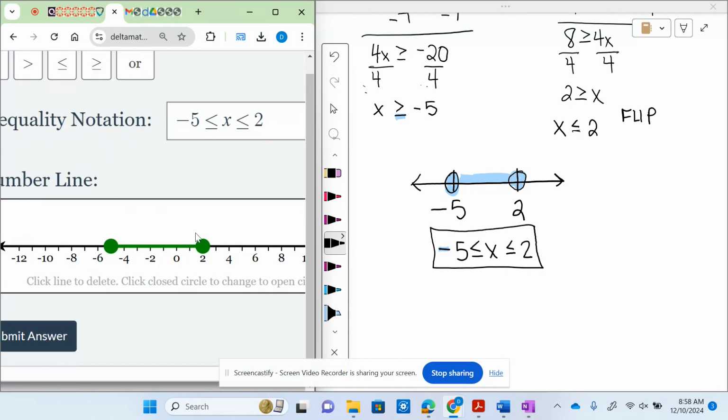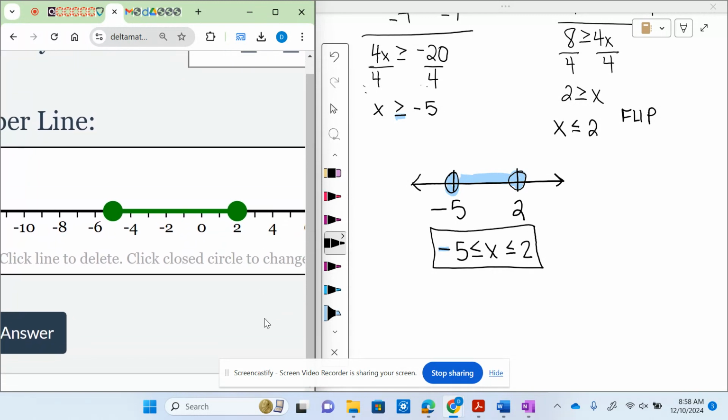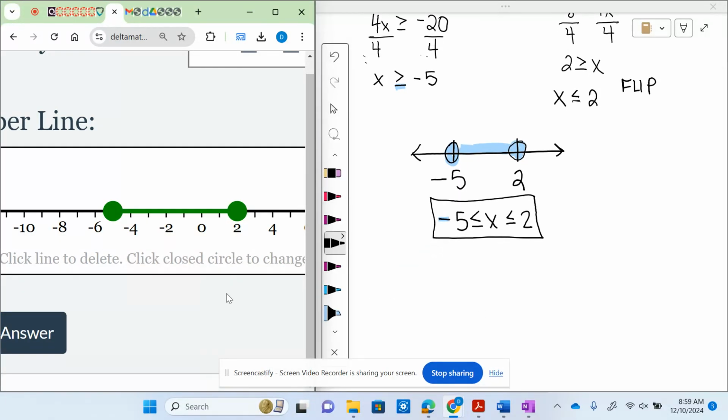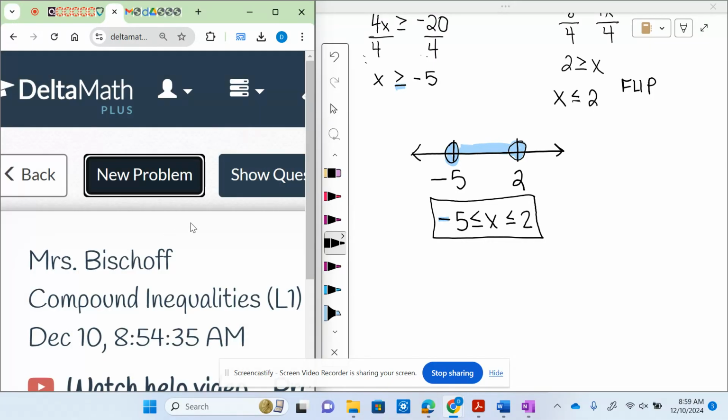You're like, I know, Mrs. Bischoff, you were really struggling. Okay. So click on the -5 and then drag it to the 2, or click on the +2 and drag it back to the -5. Are we good with that? Everybody submitted it and they got it correct? Yes, yes.